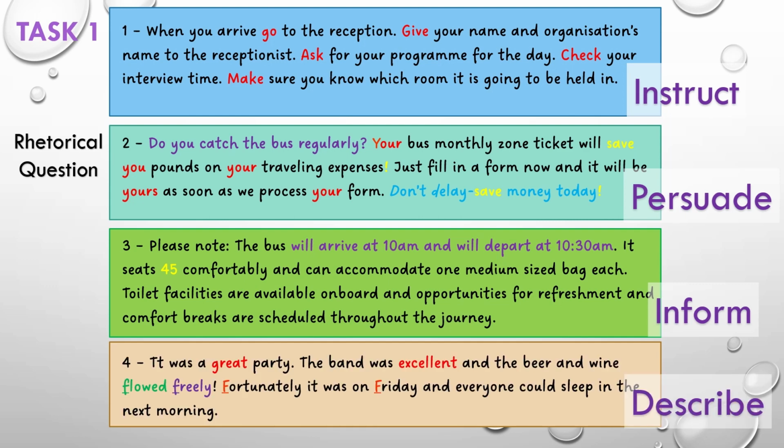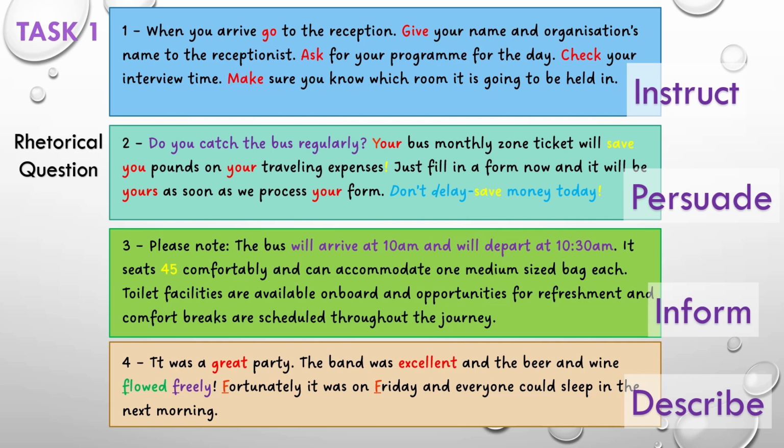So finally, descriptive. We've got the use of adjectives there, great and excellent. We've also got alliteration with flowed freely, fortunately it was on Friday, to emphasise that description. We've got a verb there, but it's a descriptive verb. If you've watched my sentence structure videos, you will know that a verb is an action word. So the word flowed to describe how the wine poured, that is a verb.